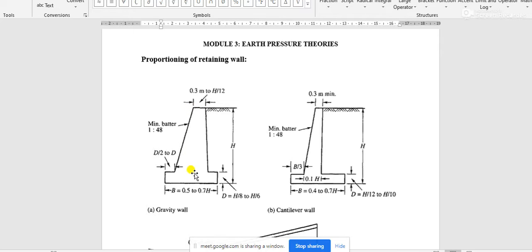This batter angle is 1 by 48, that means tan theta equals 1 by 48, and you have to calculate theta, that means the angle.